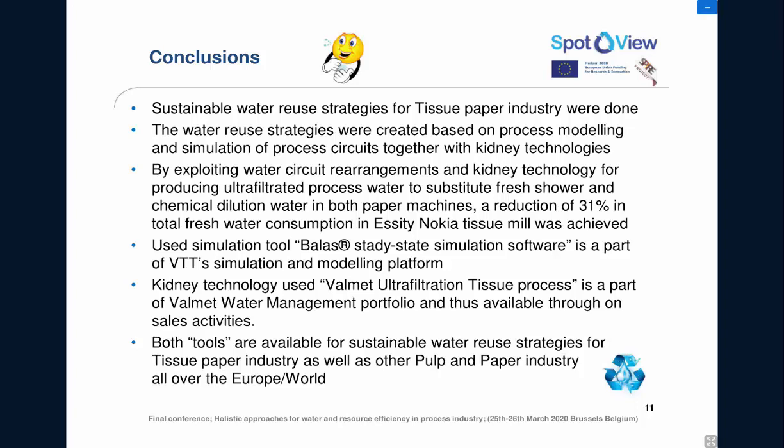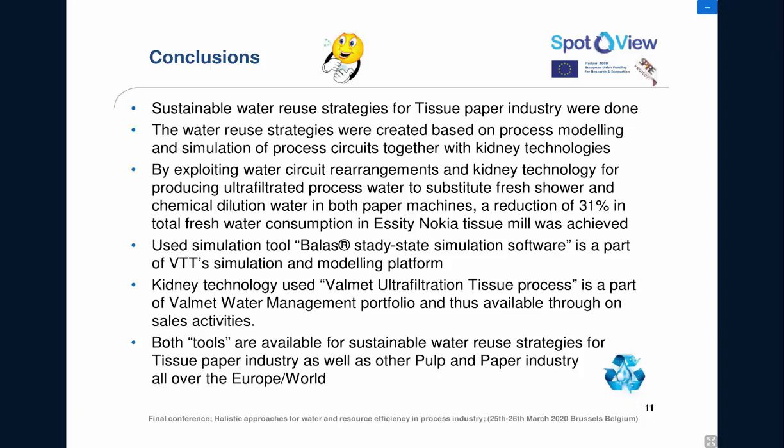And we used Balas steady-state simulation software for process modeling, so the water circulation modeling, and then we put the Valmet ultrafiltration for tissue process equipment, or prototype, into the Nokia Essity mill to take care of the high pressure shower waters for one paper machine at the mill site.